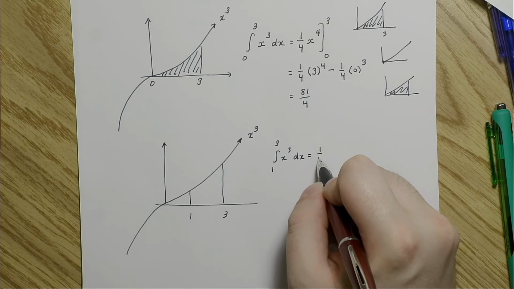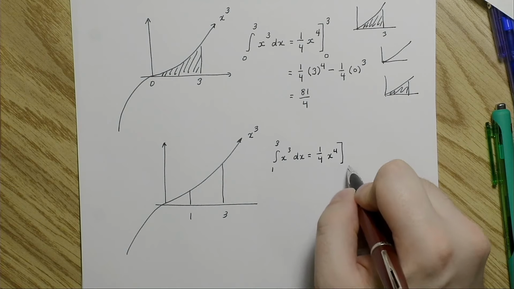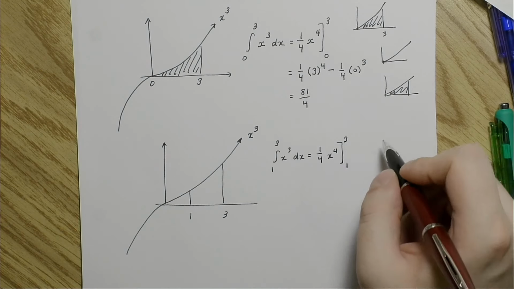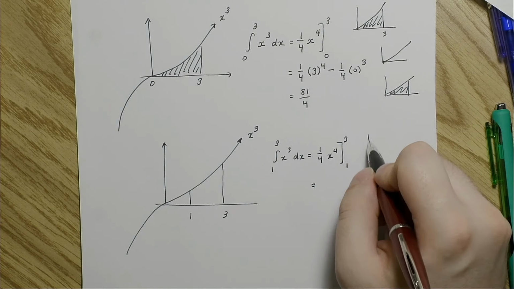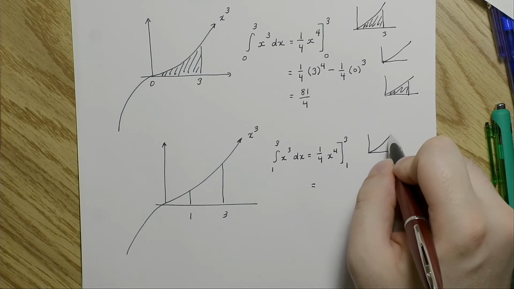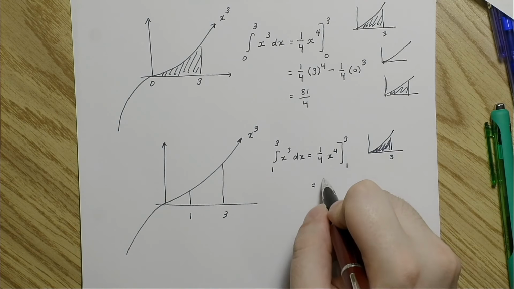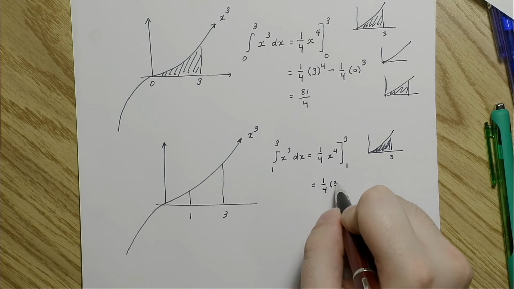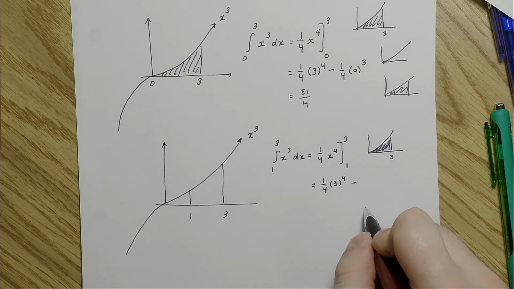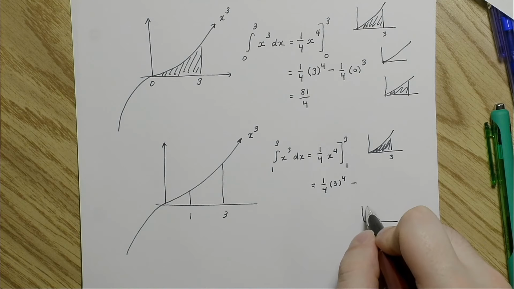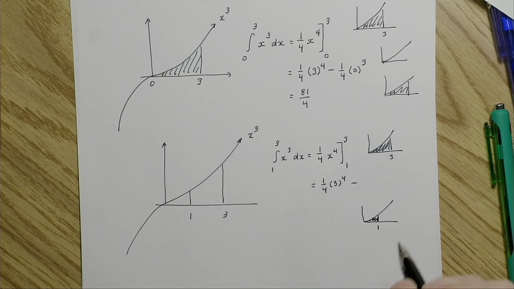That's equal to 1 over 4 x to the 4th, which I'm just copying from here, going from 1 to 3. So again, the upper limit would be all the area up to 3, so 1/4 times 3 to the 4th, minus, and then I need to subtract the area up to 1.